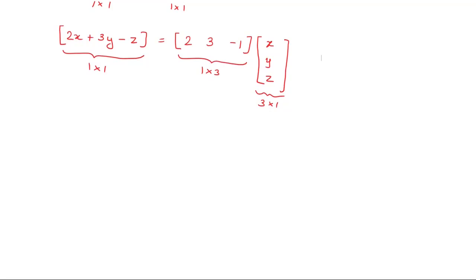Now, what if we were to take 3 equations and write it in terms of a column vector? Okay. So then we'll have 2x plus 3y minus z, x minus 2y plus 7z, and third component 4x plus y minus 3z.